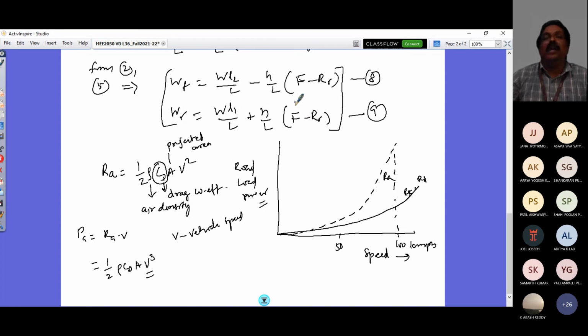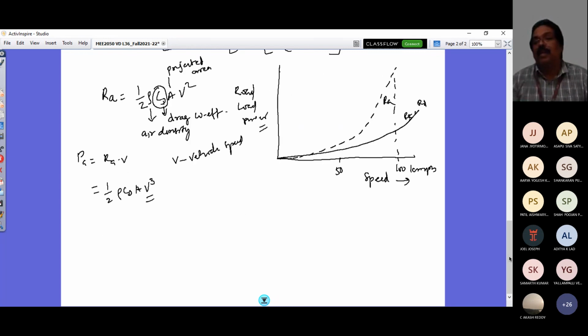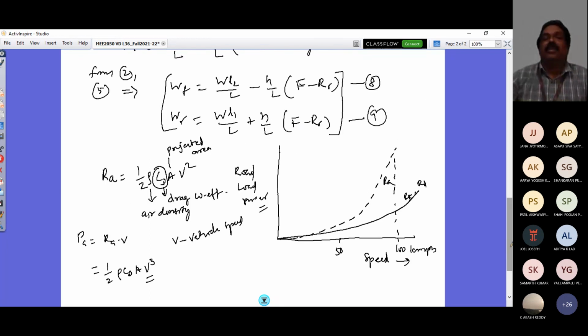My next objective in this derivation is to find the maximum tractive force in terms of vehicle parameters. In the next class we will start from there, rework equations 8 and 9, and show the expression for maximum tractive force to begin the next lecture.